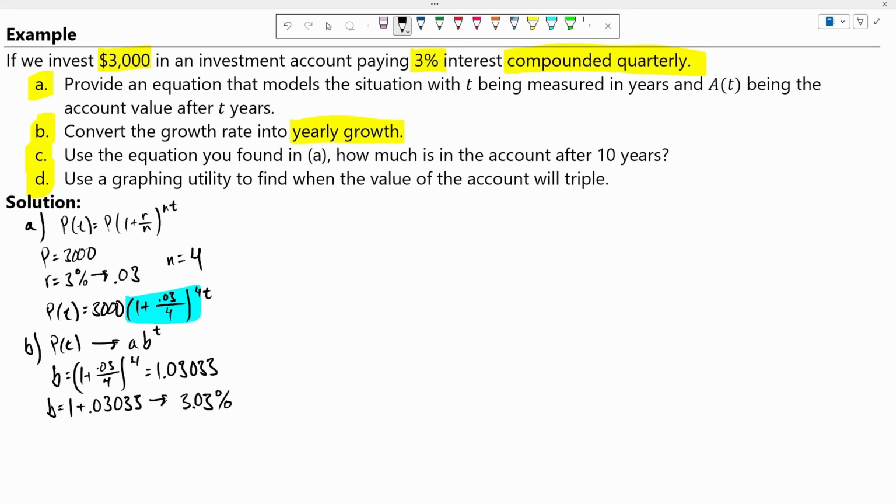So if I am investing at 3% compounded quarterly, that is the same as investing and getting 3.03% compounded annually. You guys see that? So I converted it to a yearly growth. Cool? Cool, cool. Okay.